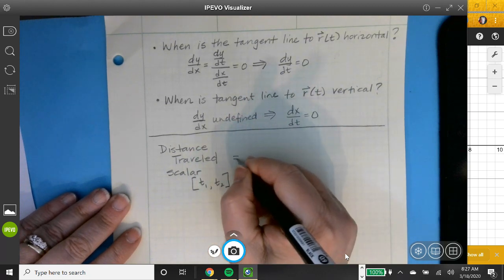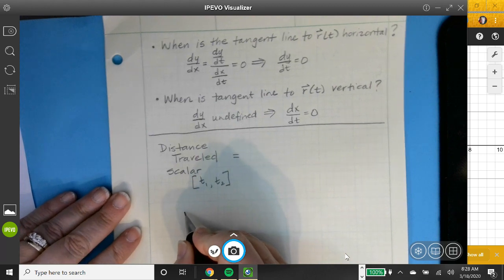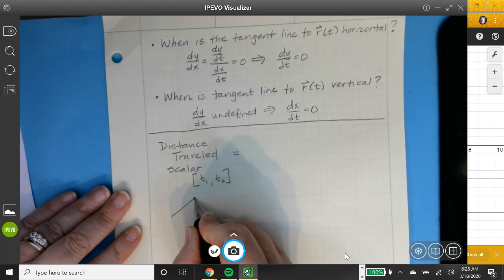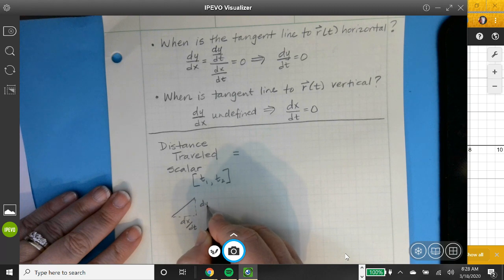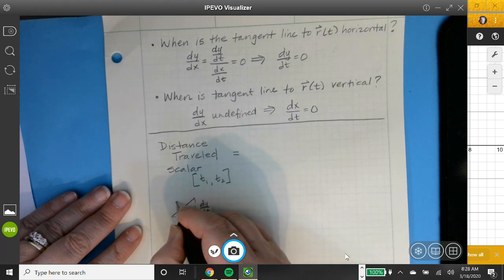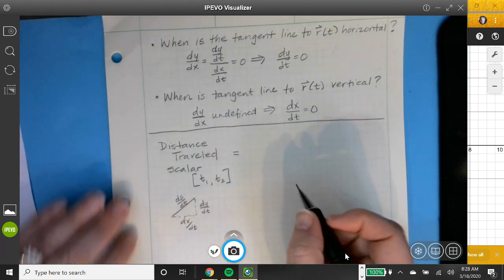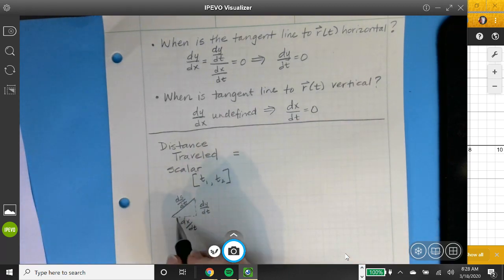Well, that's just equal to, if you think about it in terms of arc length, this is dx/dt, and this is dy/dt, and this would be ds/dt.